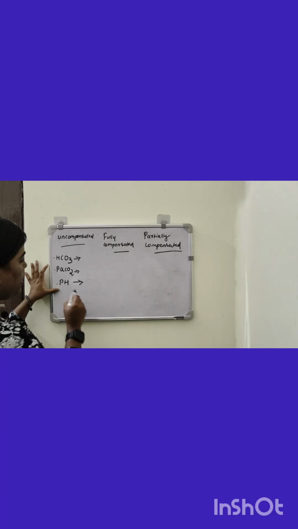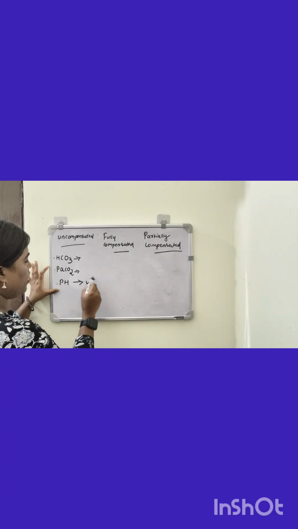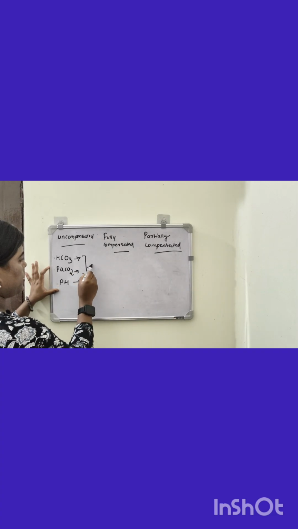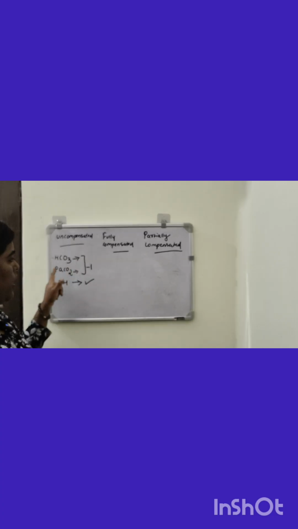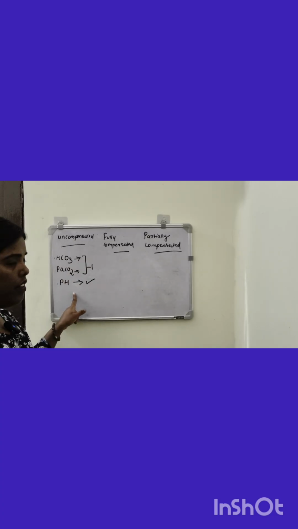In this, the pH level will be varied. One of these will be varied. In these two, there will not be change. Only one determinant will have variation with the pH level.